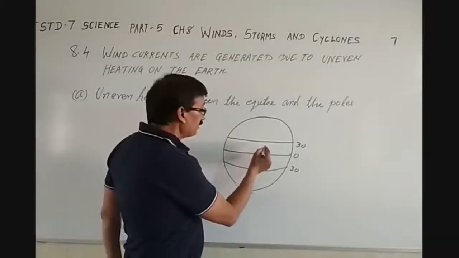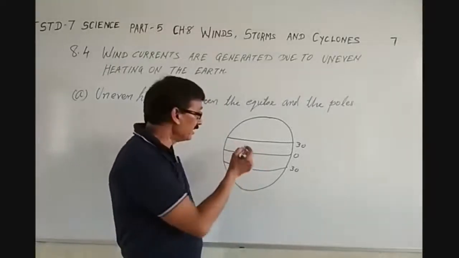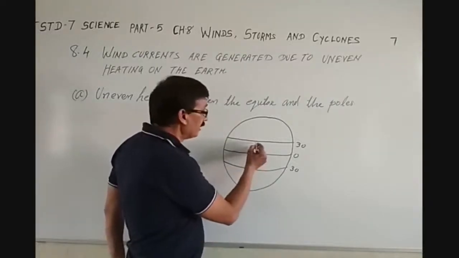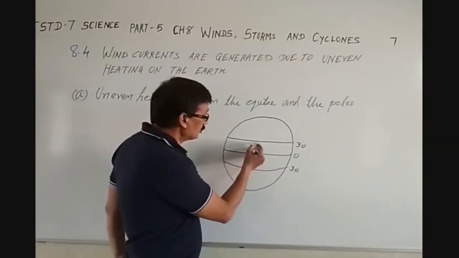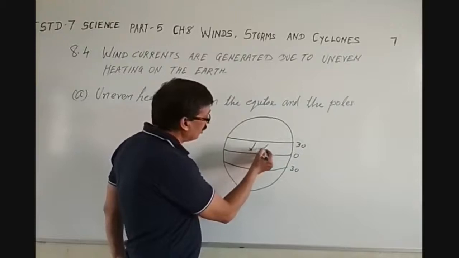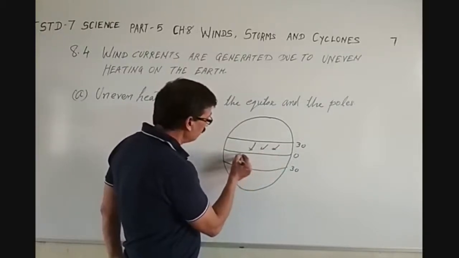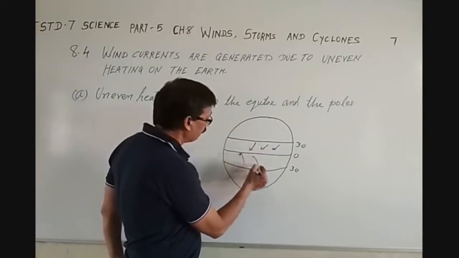That is why at this 30 belt, this air is cooler than this, so this air will come to take the place of this.